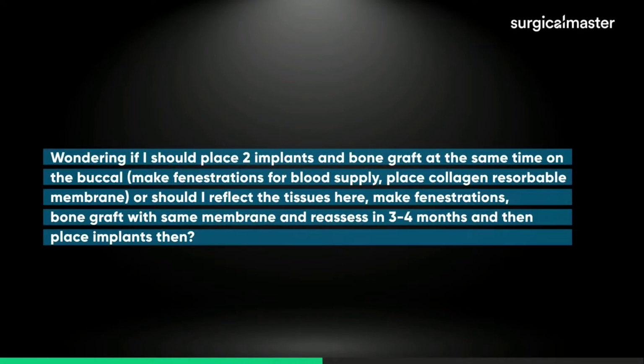Yeah, so he's saying the doctor is wondering if you should place 2 implants and bone graft at the same time on the buccal, make fenestrations for blood supply, place a collagen resorbable membrane, or should I reflect the tissue here, make fenestrations, bone graft with the same membrane, and reassess in 3 to 4 months.